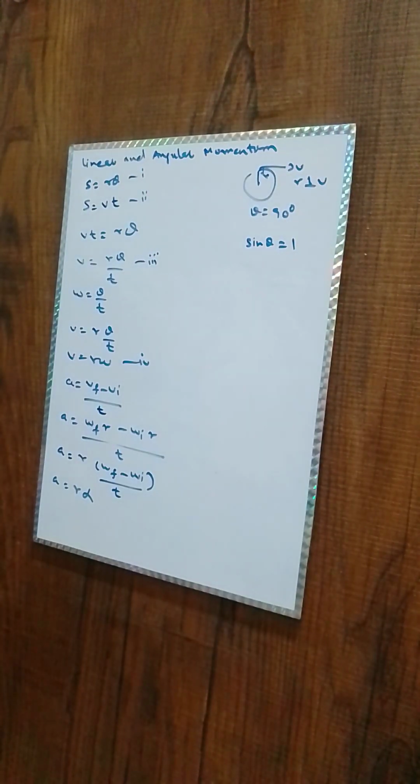Initial condition here: radius is perpendicular to velocity, angle is 90 degrees, sine of angle is 1.